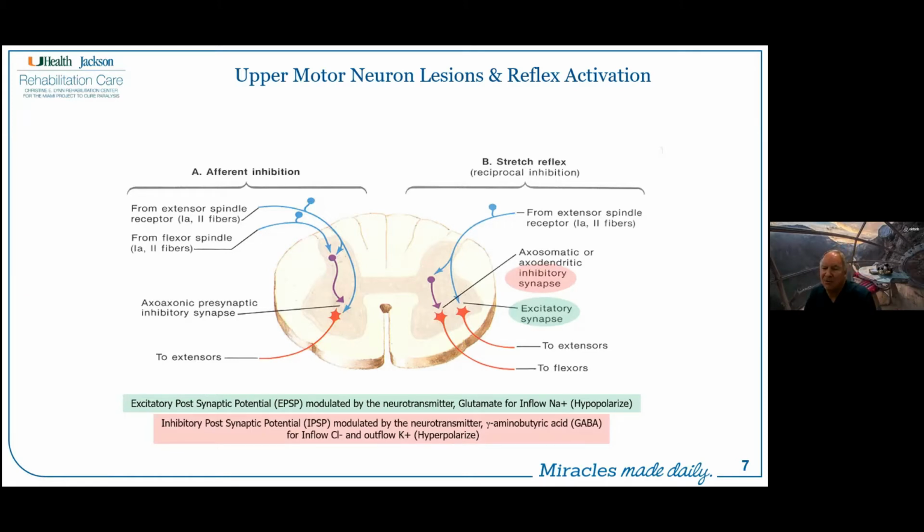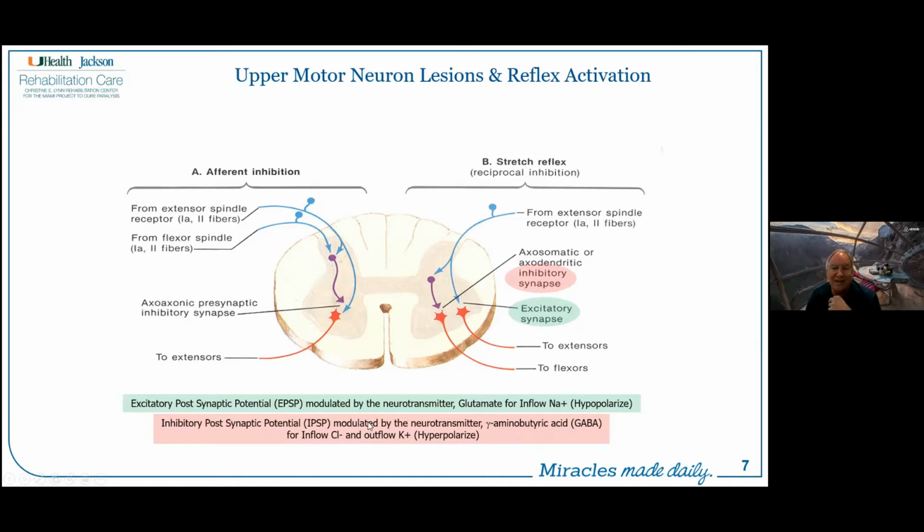Excitatory postsynaptic potentials make it more likely for that axon to fire. Inhibitory postsynaptic potentials, modulated by GABA, gamma-aminobutyric acid, hyperpolarize and make it less likely that this will fire. And so all of our alpha motor neurons are constantly being barraged by EPSPs and IPSPs. And whether or not it fires depends on the relative amount of those EPSPs and IPSPs.